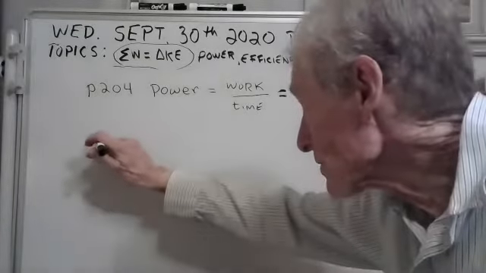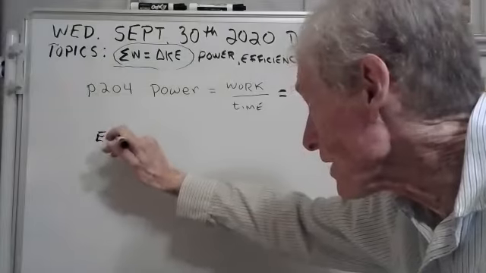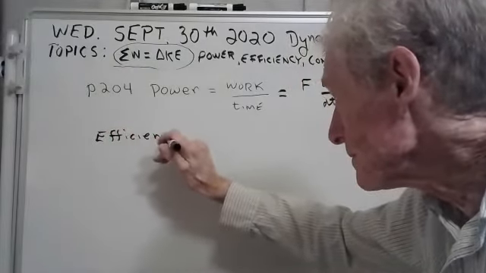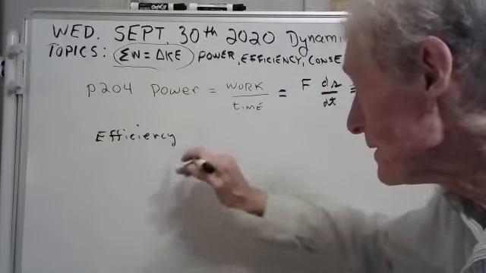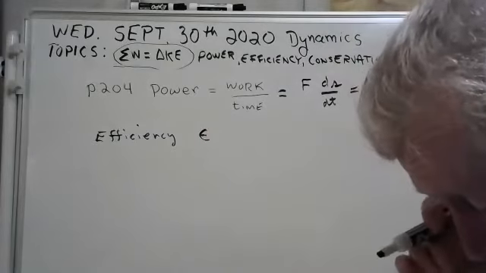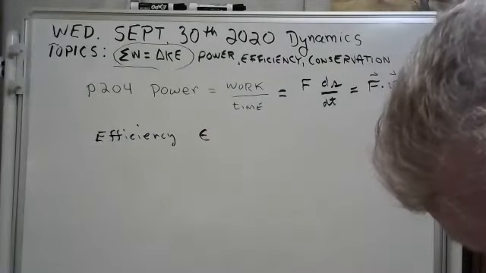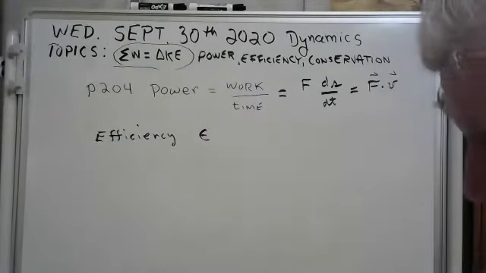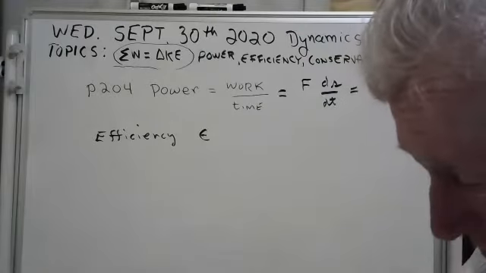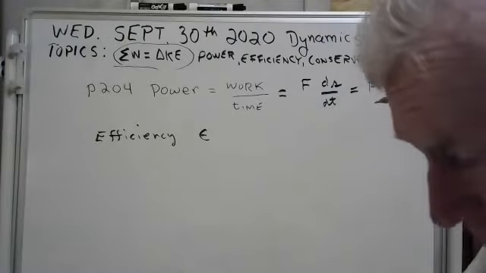Then they have something called efficiency. Let's do that, and then we'll work a problem here. They use a Greek lowercase epsilon. That's one of their favorites. I think they use it in physics for different things.